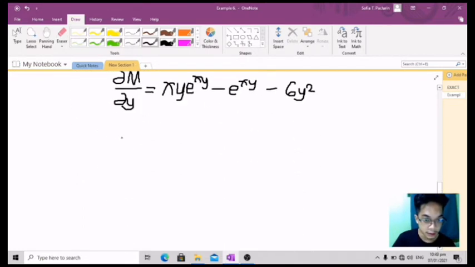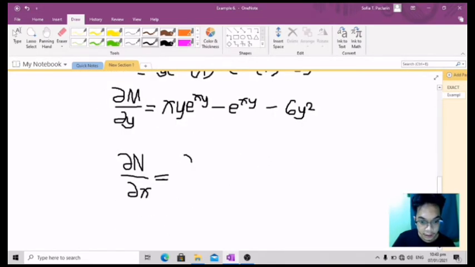Next condition is the partial derivative of N with respect to x, the partial derivative of xe raised to xy minus 6xy raised to 2 minus 2y with respect to x.